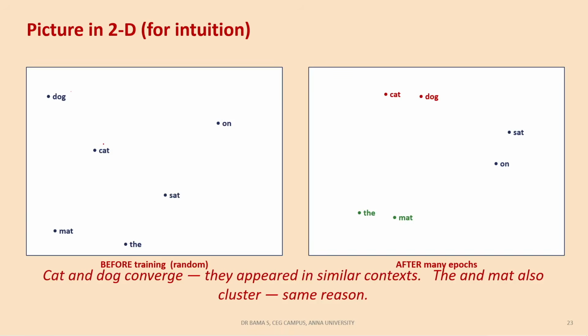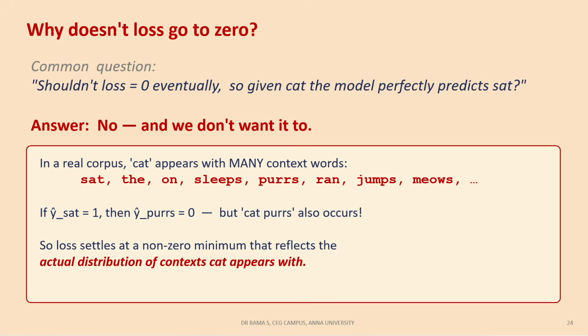For W SAT and dog, after a few iterations we could see that dog and cat can have a similar cluster-like structure. And the loss is not going to be completely 0 because, suppose we take for example cat sleeps or cat purrs, if it is going to be 0, the entire thing would be 0.